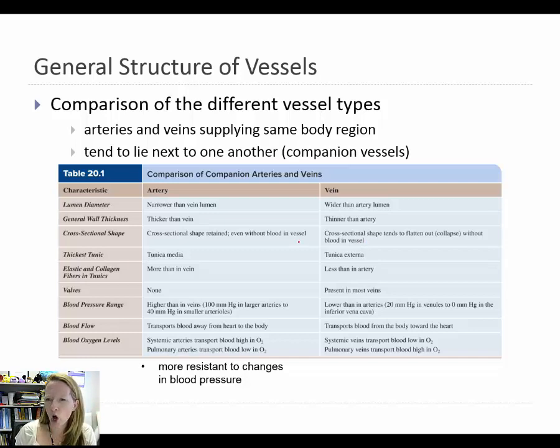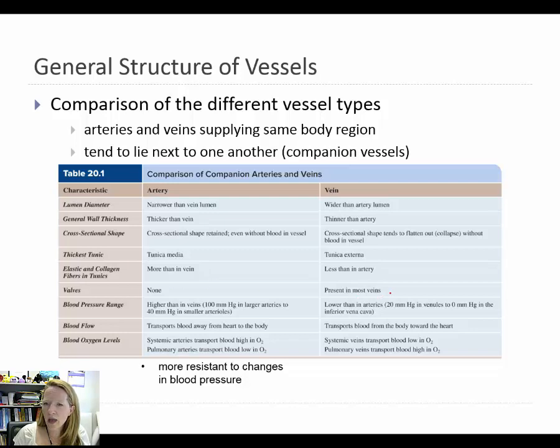So that's why you can't always go by their cross-sectional shape. You really want to go along with that wall thickness. All right, we know the thickest tunic. As far as the collagen fibers, there's going to be lots more elastic fibers in arteries, and we'll look at that here in a second and why.